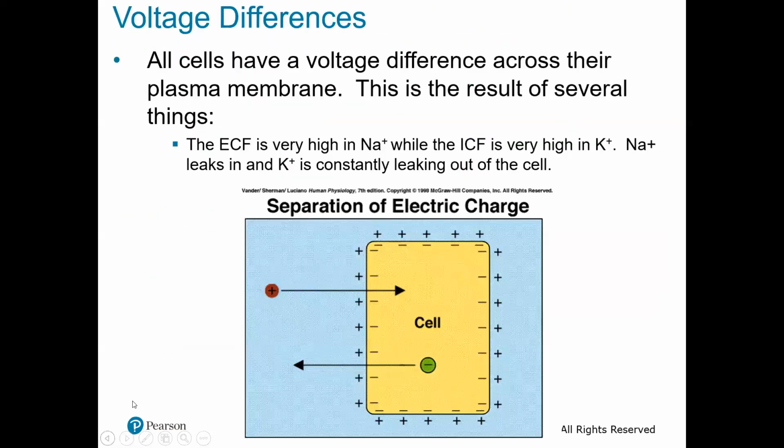Now, if you have all these sodiums outside the cell, the outside of the cell tends to have a positive charge. So what happens if you have less potassiums inside?